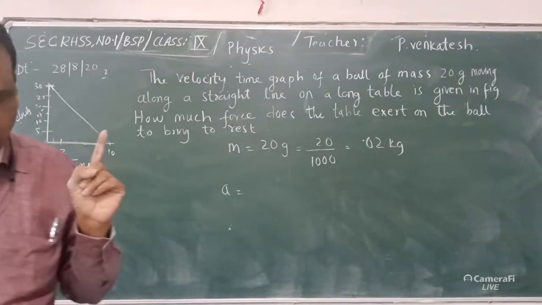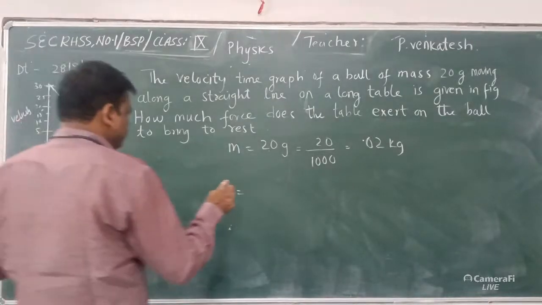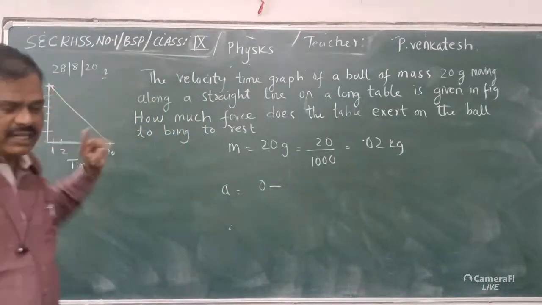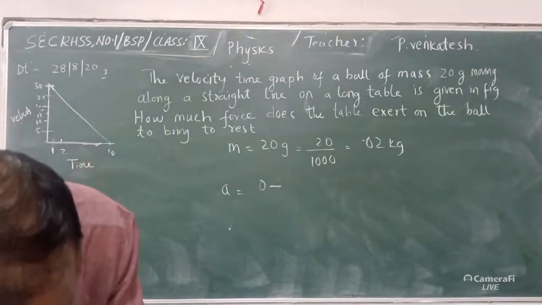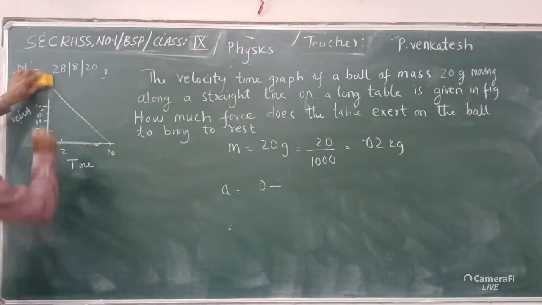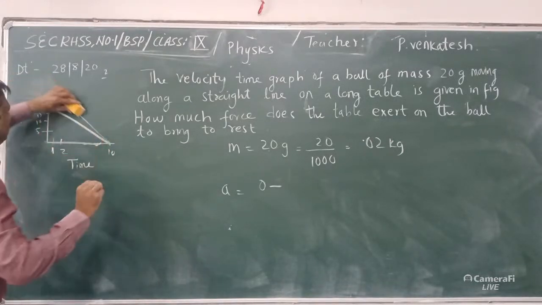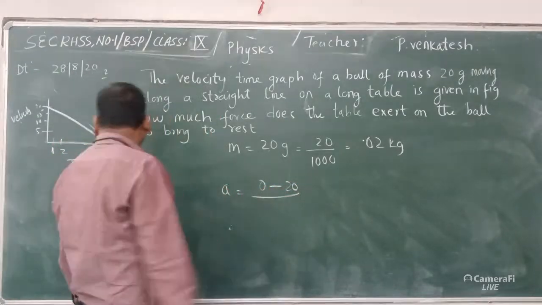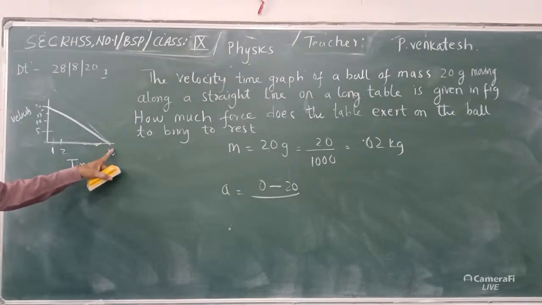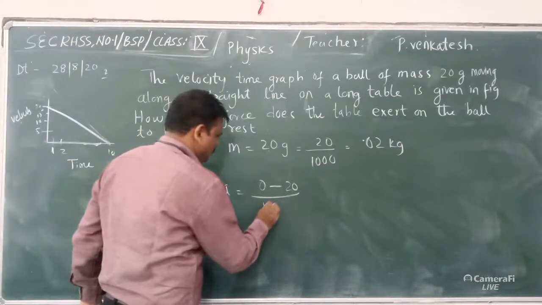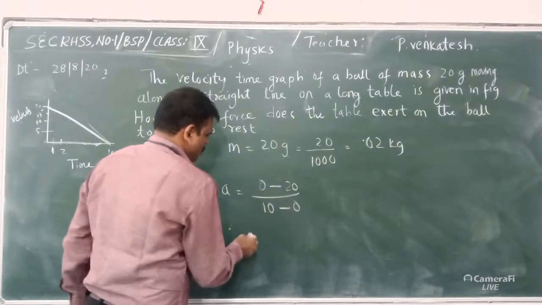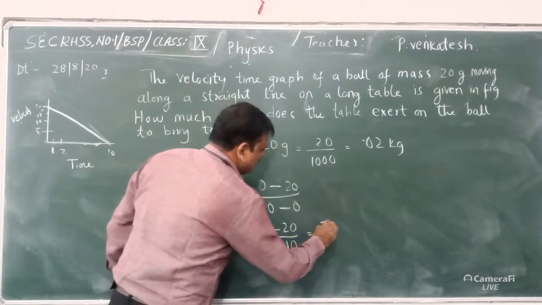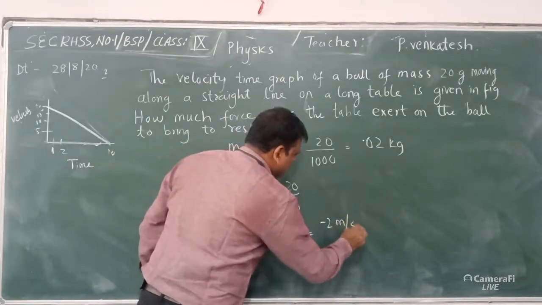What will we do? 0 minus final. What is the final velocity? It is given 20. 0 minus 20 upon, what is here, time, t minus... this equals minus 20 upon 10, or this equals minus 2 meter per second square.